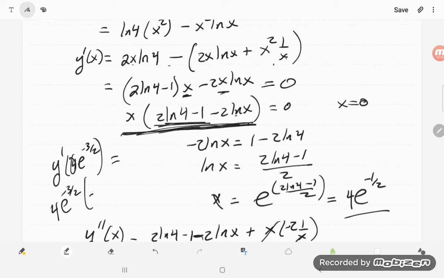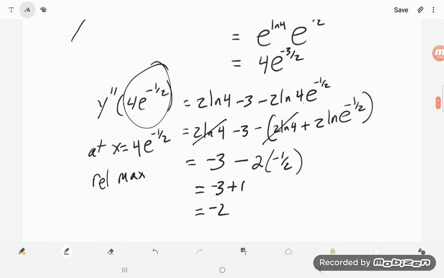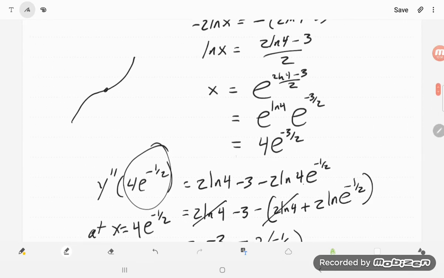And so I'll be left with a -1 and a -2 times -3/2. And so that is +3, +2. And so this thing's going to be greater than 0. So after all that, we have our relative max there, and here at this x value, we have an inflection point.